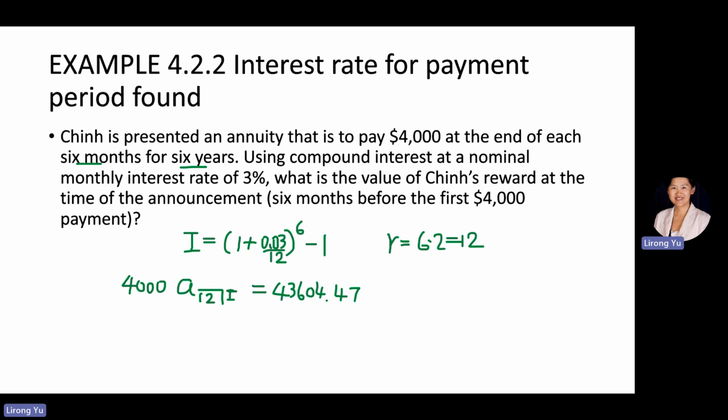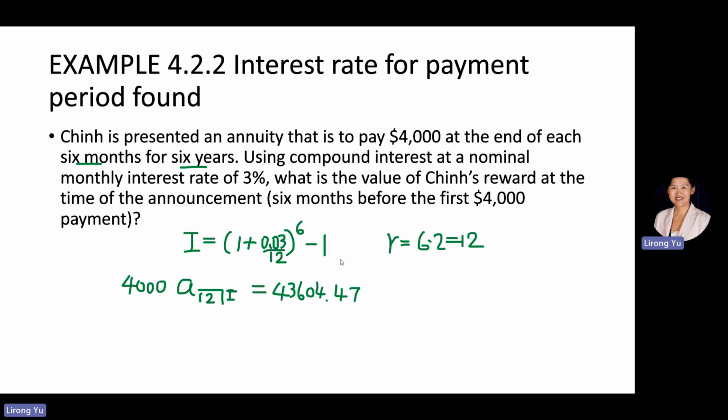That should be the 6 months interest. So here we calculate i as a 6 months interest. Each month the growth factor is 1 plus 0.03 over 12. We let it grow for 6 months and then minus 1 to get the interest rate. The 6 months interest rate is a capital I.